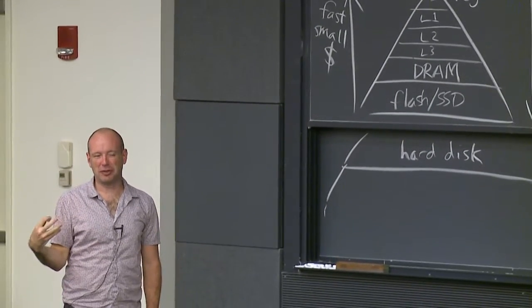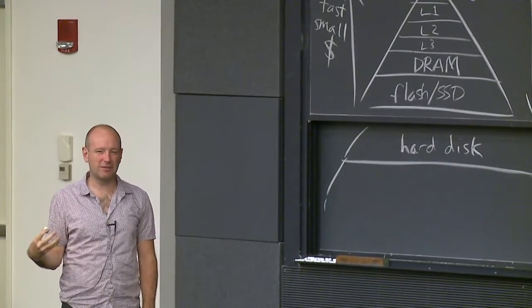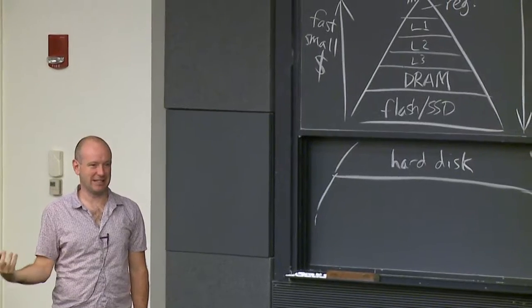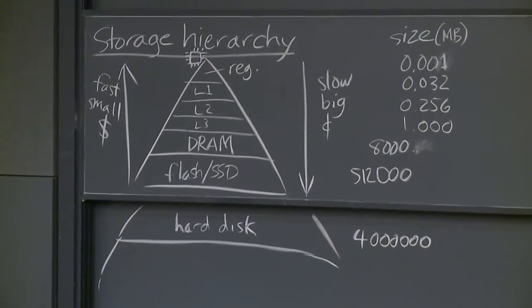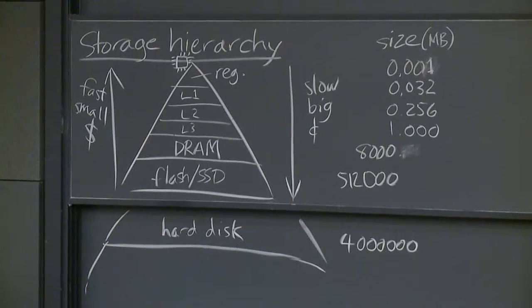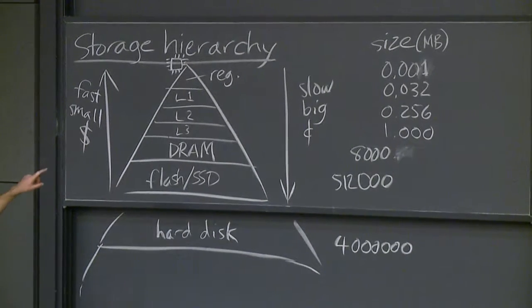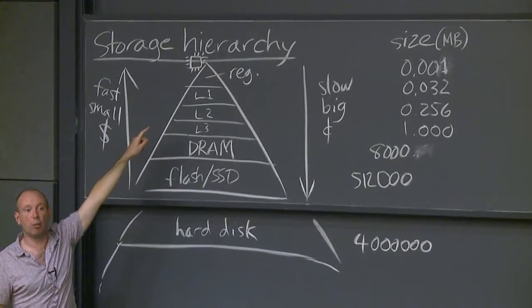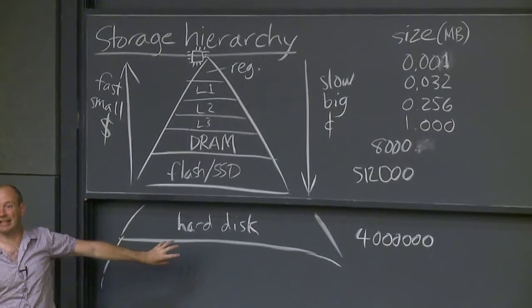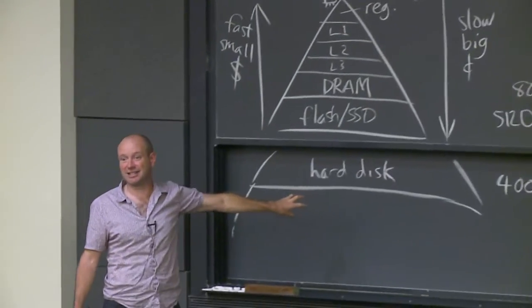Think about other things that are 10 to the 9. There aren't very many things in our lives that are 10 to the 9. It is amazing to me when I bother to think about it that all of the computation on my computer is happening up here at something that's 10 to the 9 smaller than what I think of my computer as containing, which is basically the contents of the disk.